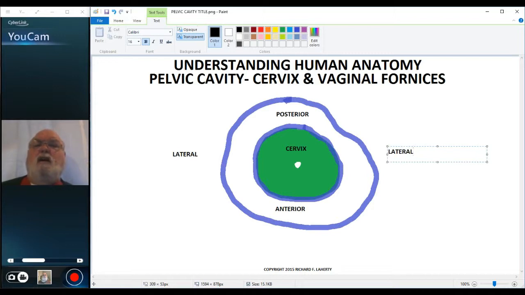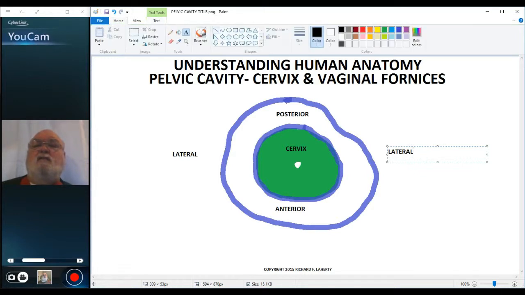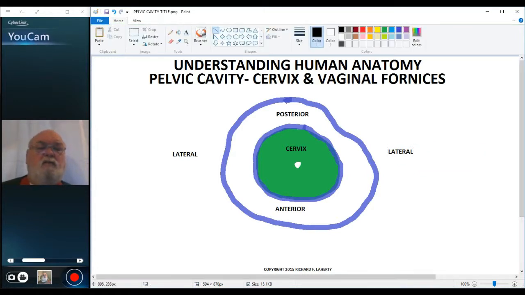And I'll draw lines to the lateral fornices, like so. So this gutter completely surrounds the cervix, but is divided into anterior, posterior, and 2 lateral fornices.